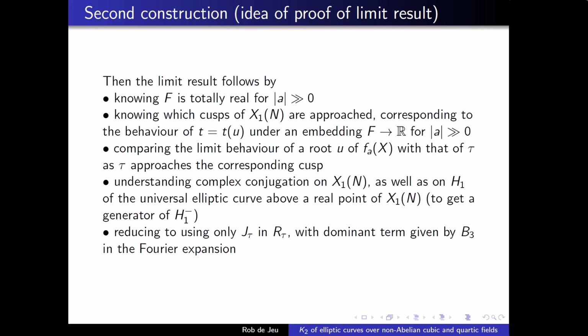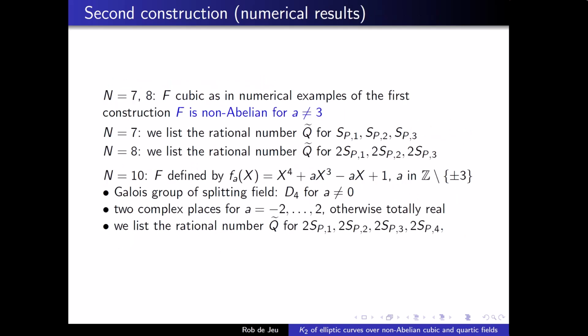We also did a few computer calculations again. So for 7 or 8, we had this earlier cubic non-Abelian thing. And then we have the probably elements sp1, 2, up to 6, but as I say, there's some relation, so you can't do the first 3. And then for n equals 8, you do the same thing, but we have to multiply them by 2 to get integral elements.